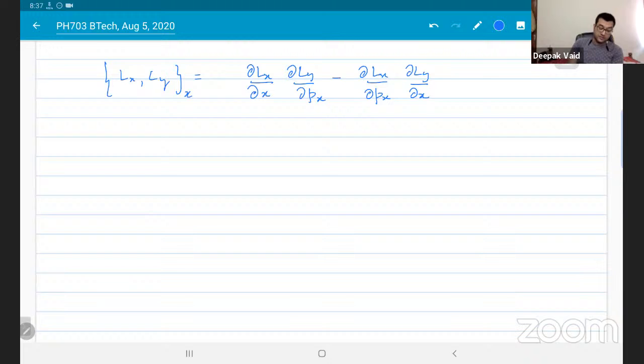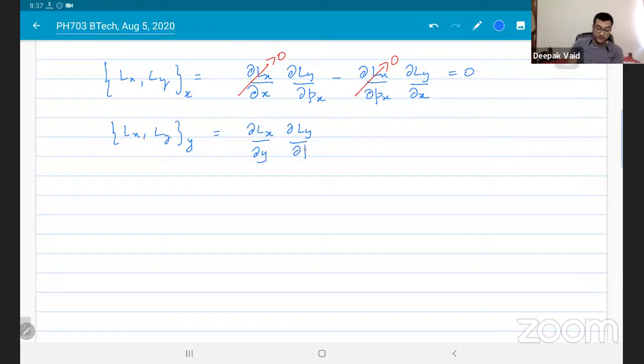So I'll just call this x. What is it going to be? This term is just 0 because I know that Lx doesn't depend on x. And then this term is 0 because I know that Lx doesn't. So there's a 0.